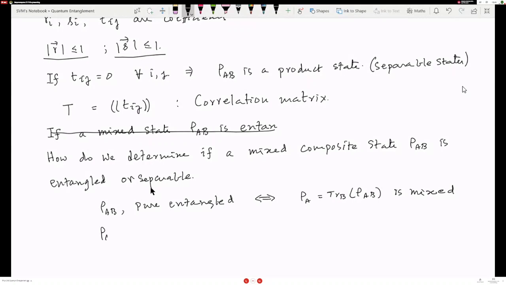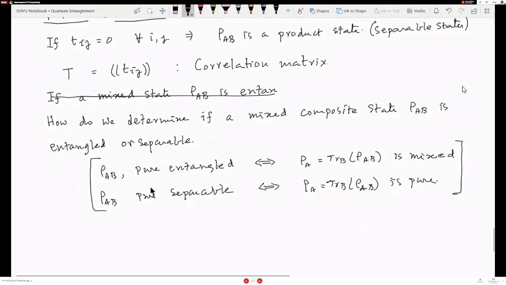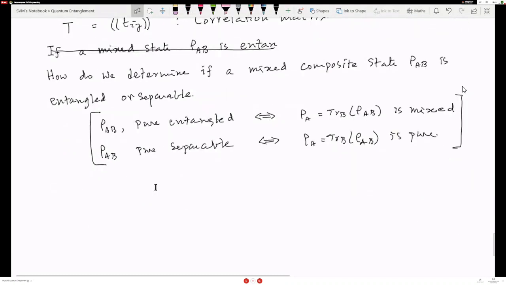That means rho AB pure and separable means rho A, which is equal to trace over B of rho AB, is pure. So this is what we have discussed earlier, that for a pure state, you have a very well-determined signature in terms of its partial trace.